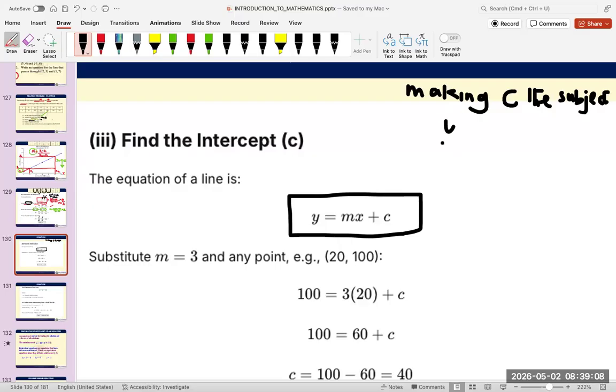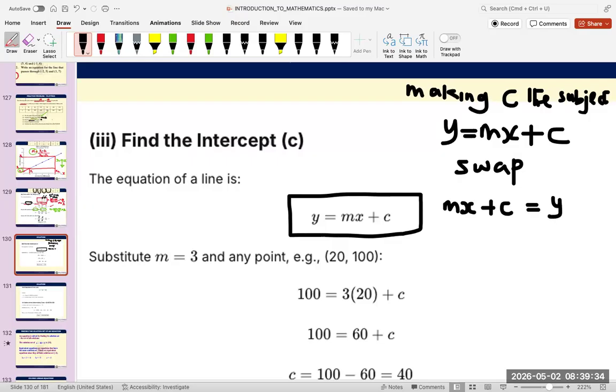We have Y equals mx plus C. So remember what I taught you, swap. C will have to be on the left-hand side. So we swap the whole of the right-hand side. So we have mx plus C is equal to Y.